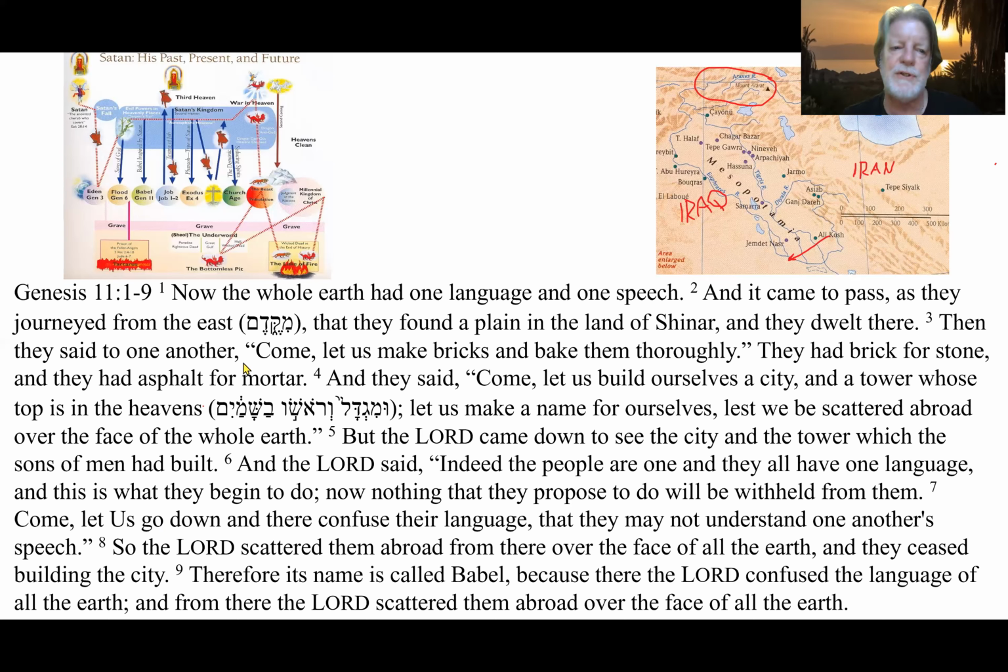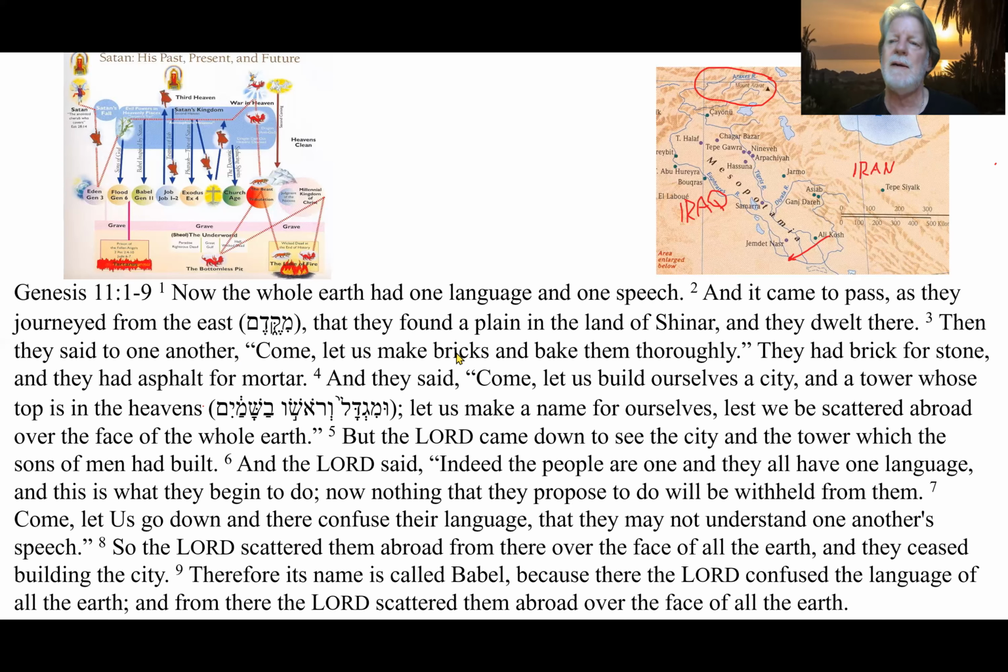So the people said to one another, come, let us make bricks and bake them thoroughly. Now, this was a construction, a building kind of a revolution. Because up until this time, ordinary odd-shaped stones were used mainly for building. But now they've learned how to make bricks.